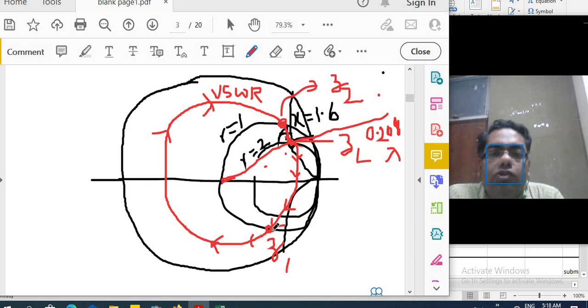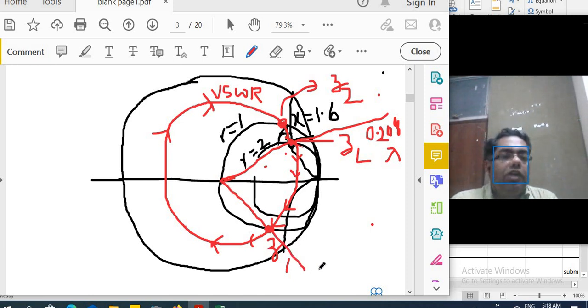And if you stop at this point, Z1, how to find out its angle? From the center to Z1, you draw the line and come outside. This value, if you read on the Smith chart, comes to be 0.328 lambda.